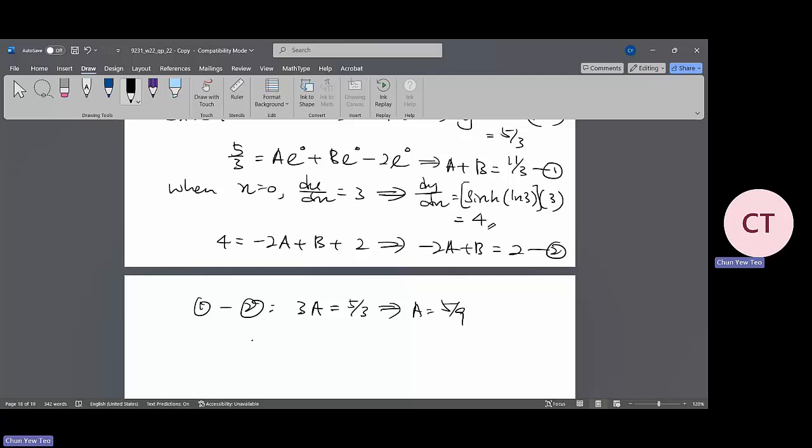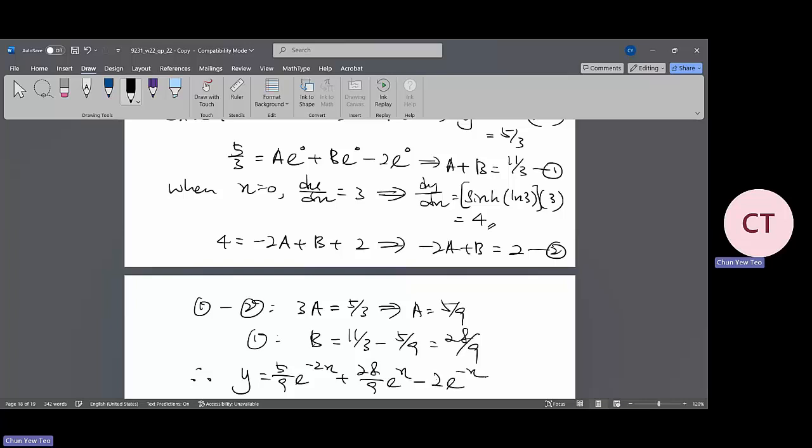Then from equation 1, you get B is 11 over 3 minus A, so you get 33 minus 5, 28 over 9. So therefore, your answer will be y is equal to Ae^(-2x) plus Be^x minus 2e^(-x).